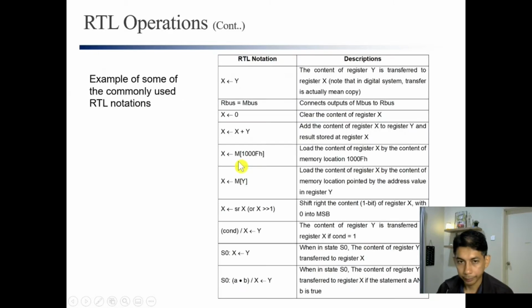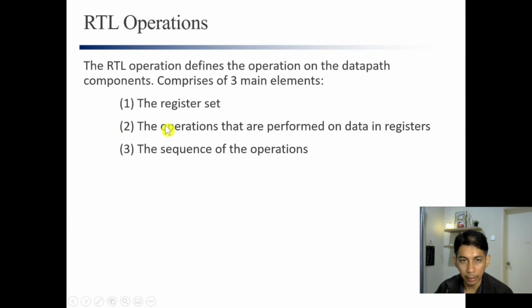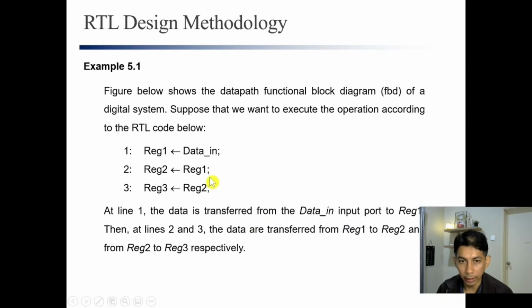And we have all of these elements: the register set, the operation performed on the data, and the sequence. If you look here, we have the registers, reg 1, reg 2, reg 3, which is the register set.